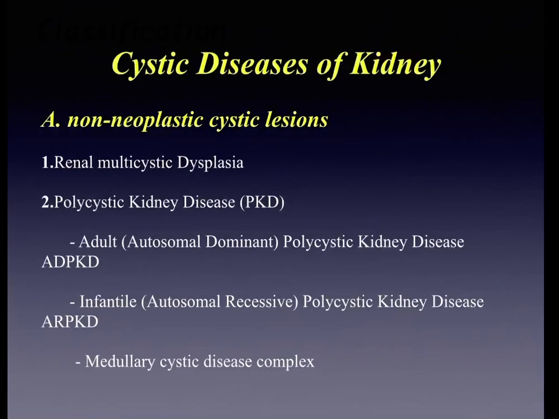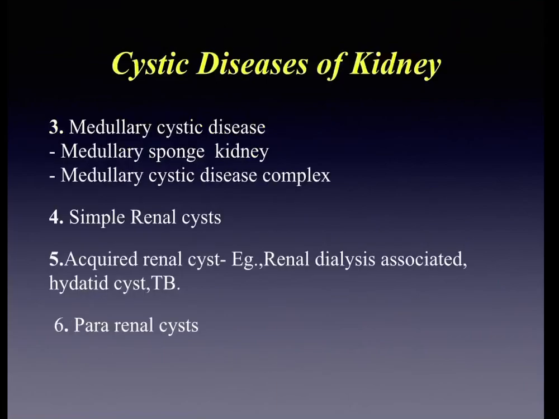Now coming to the classification of cystic diseases of kidney, they are broadly classified into non-neoplastic cystic lesions and neoplastic cystic lesions. Under non-neoplastic we have the renal multicystic dysplasia. The second one is the polycystic kidney disease, which again has three subtypes: the adult polycystic kidney disease, infantile, and then the medullary cystic disease complex.